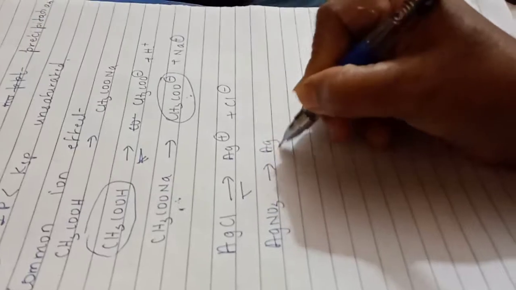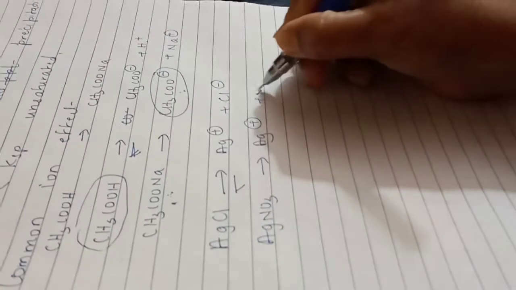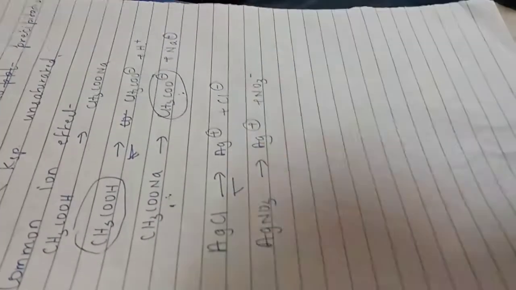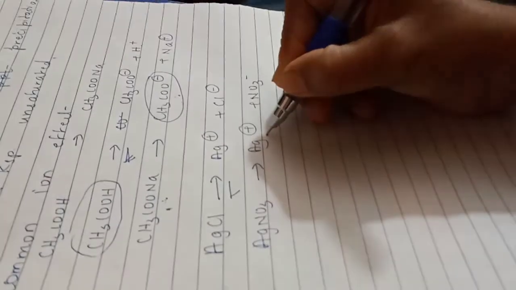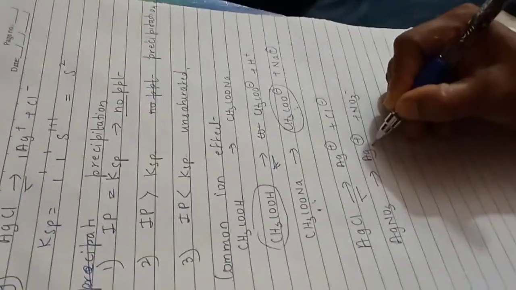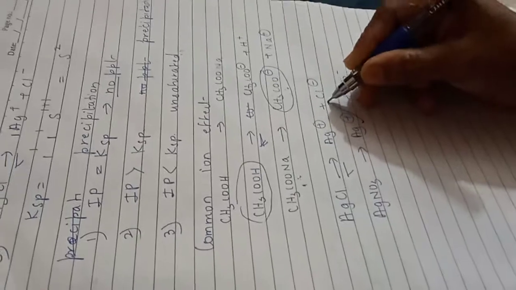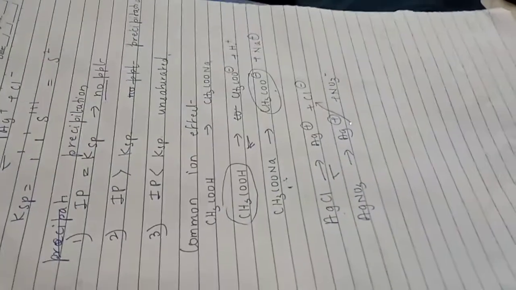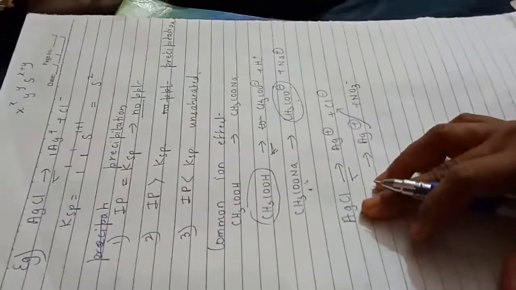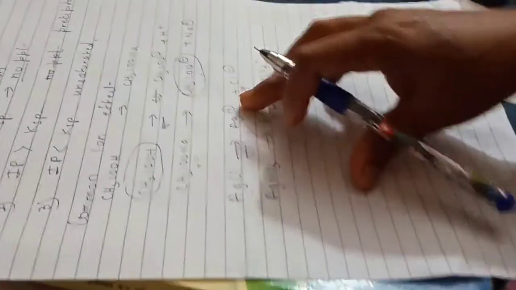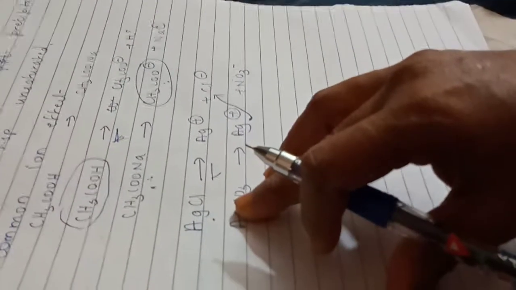It dissociates completely to form silver ions and nitrate ions. Here the silver ions produced from silver nitrate are in excess number. They react with chloride ions to give back AgCl. The process continues till equilibrium is established between the dissociated ions and the undissociated AgCl.